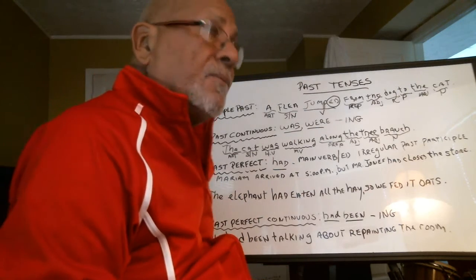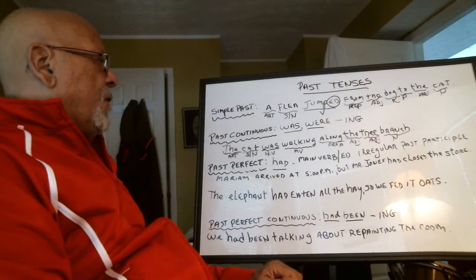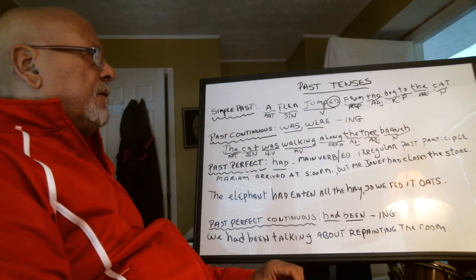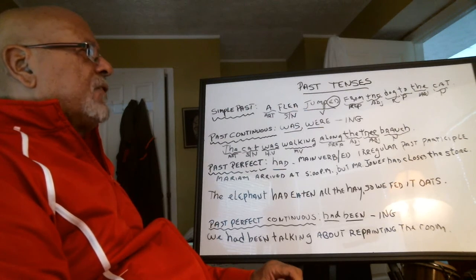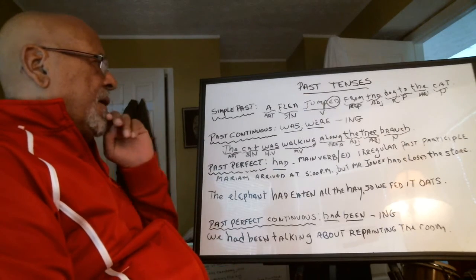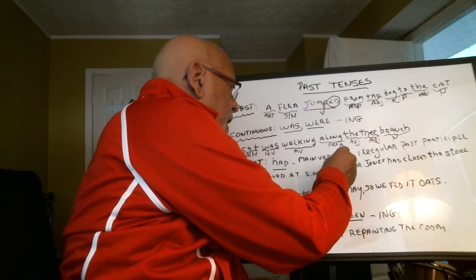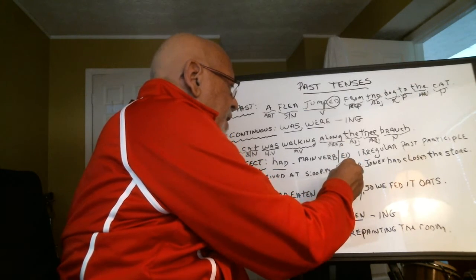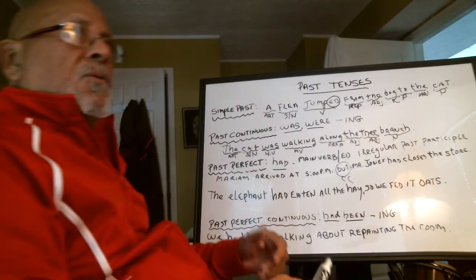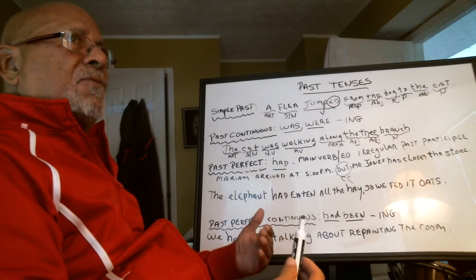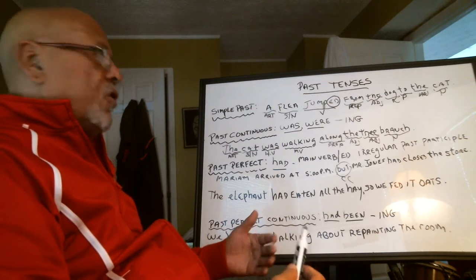I'll read it again. Miriam arrived at 5 p.m., but Mr. Jones had closed the store. So now we have a coordinating conjunction, but, and we have a comma in front of it, which tells us we have a compound sentence. We have two subjects and two verbs.